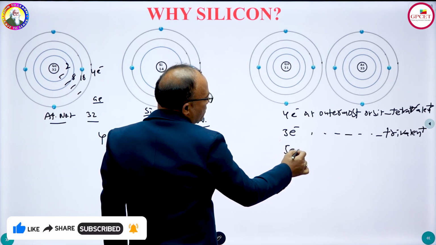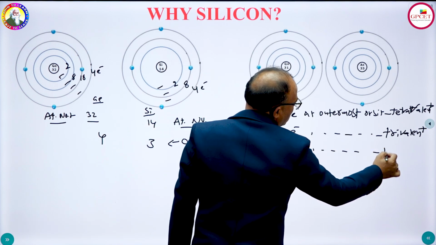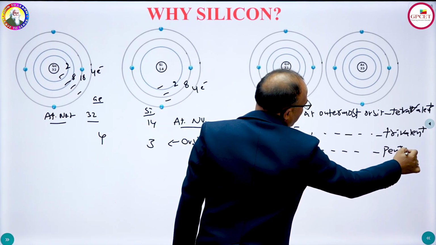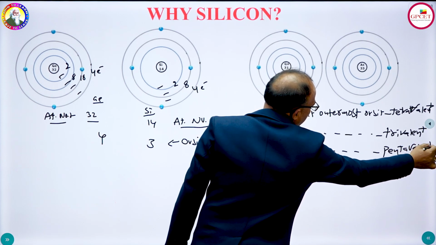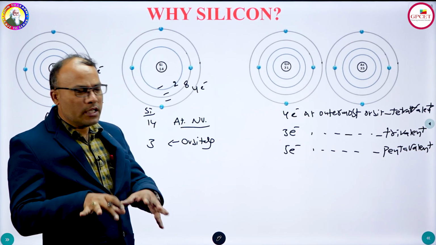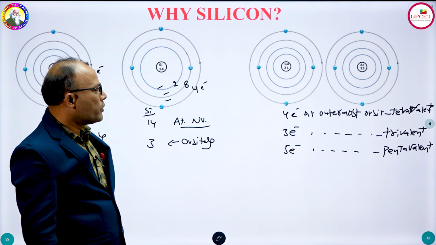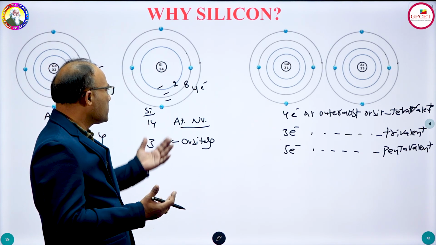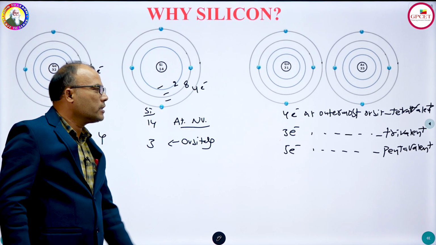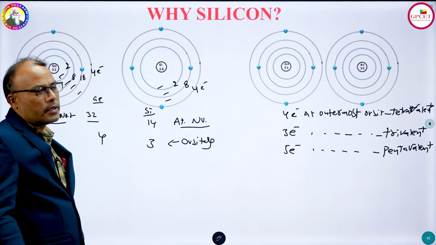Similarly, if 5 electrons are present at the outermost orbit, then it is called a pentavalent atom. These are the 3 most important points to be remembered: 4 electrons tetravalent, 3 electrons trivalent, 5 electrons pentavalent.